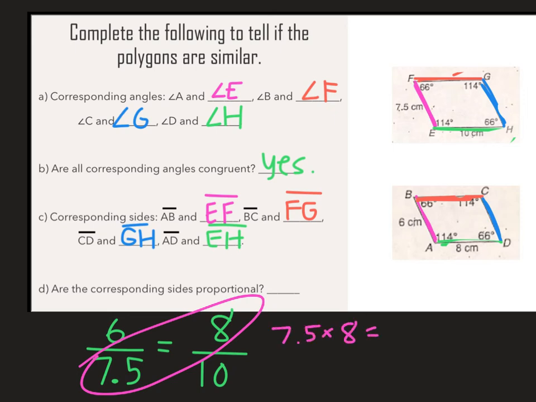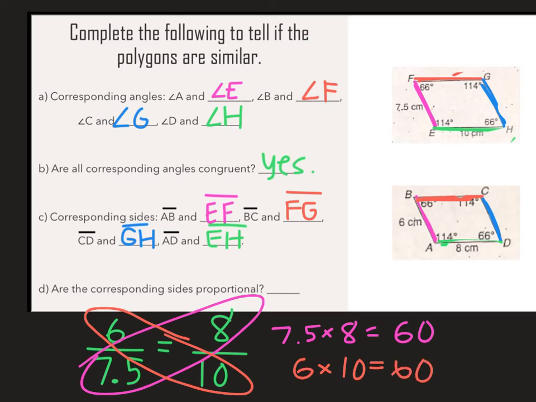So take out your calculator. 7.5 times 8 is 60. And then cross multiply the other way to make our pretty butterfly. We have 6 times 10. Hopefully you don't need a calculator for that. And we get 60. So those two ratios are proportional. So the corresponding sides are, yes, proportional here.